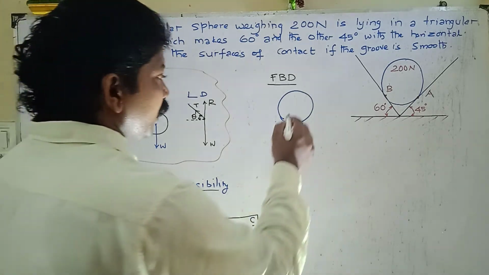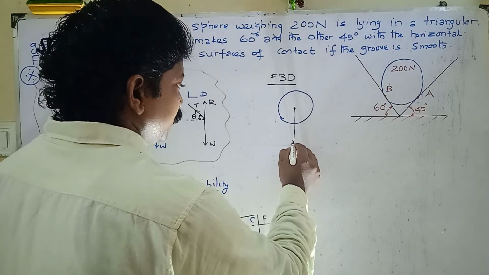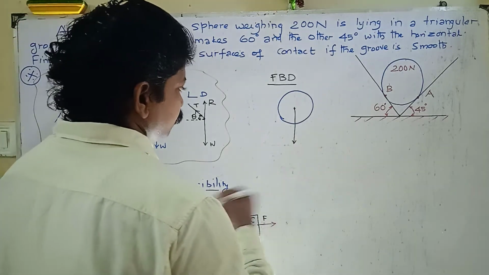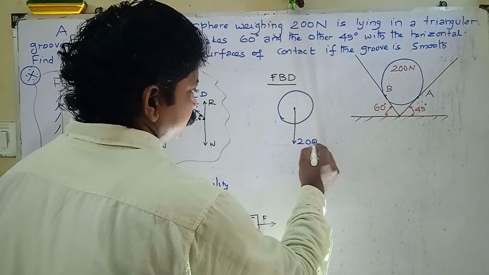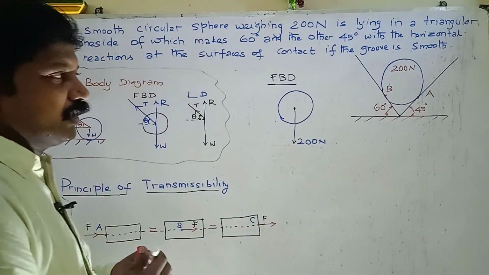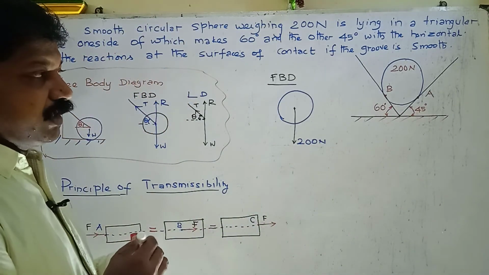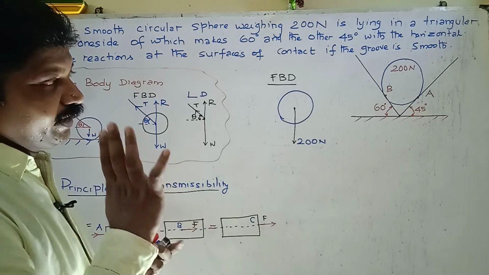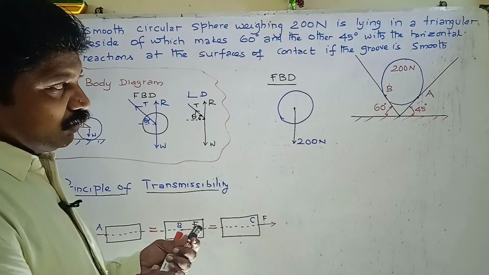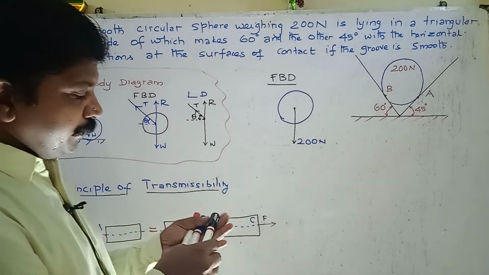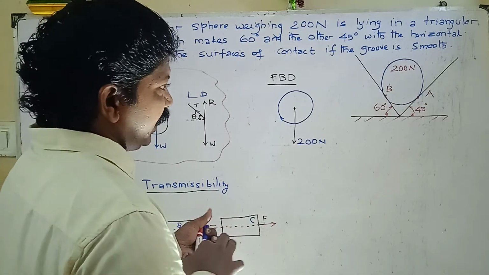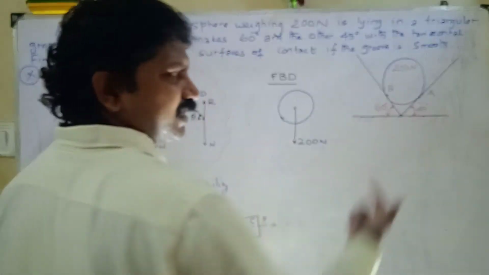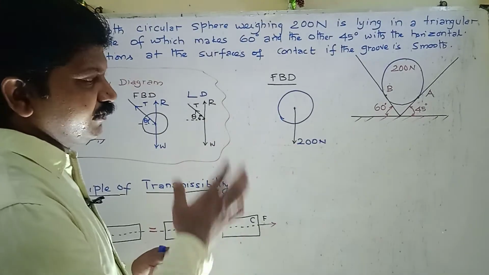Weight of the sphere, 200 Newton. And the sphere is resting on the V groove at points A and B. So the reaction at point A is perpendicular to the resting inclined surface.